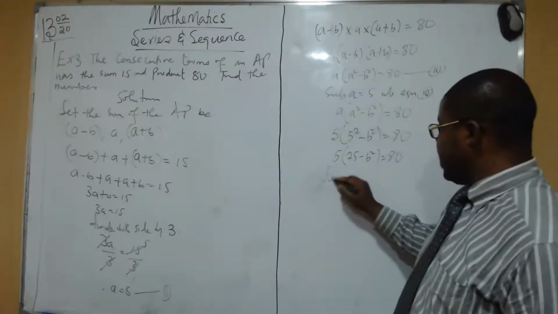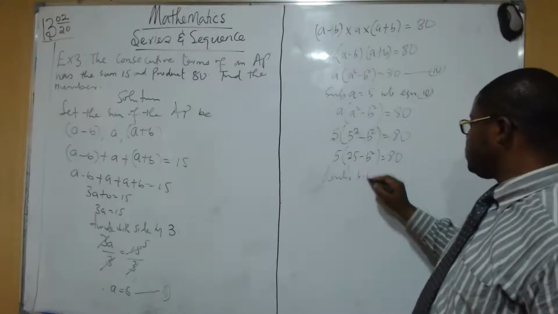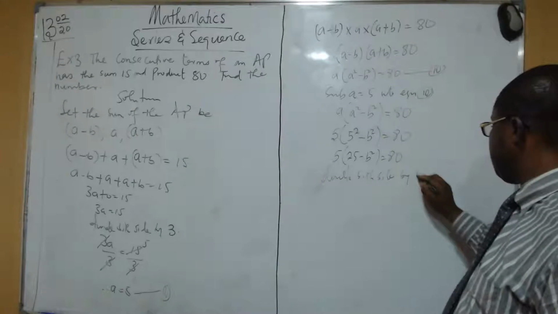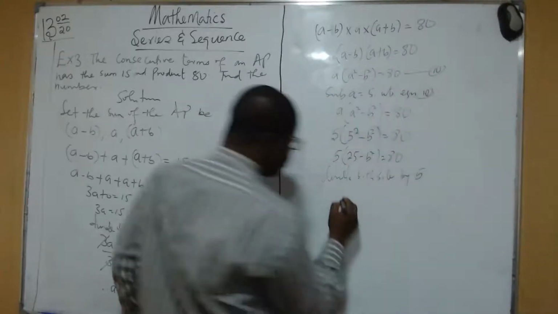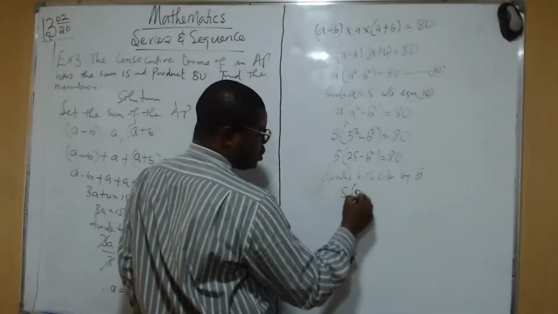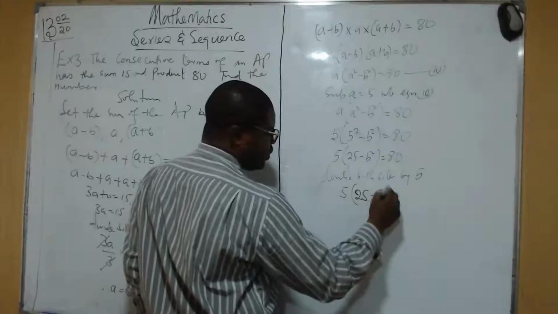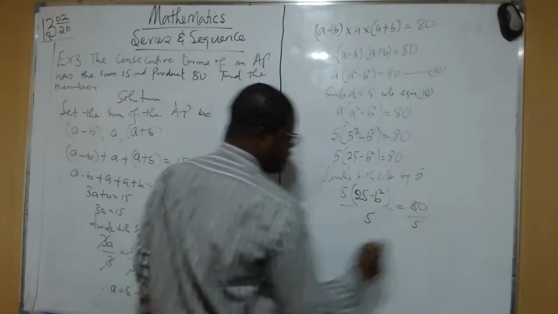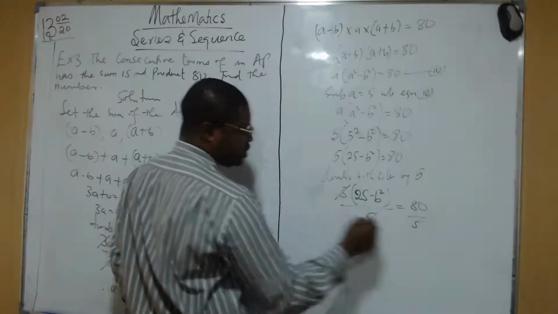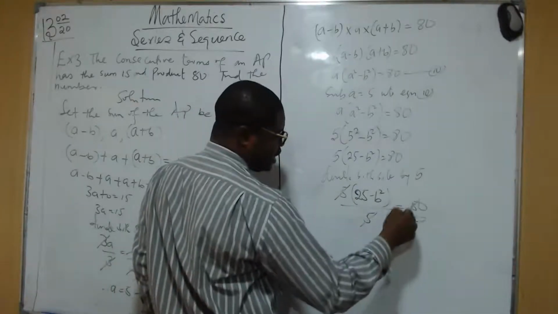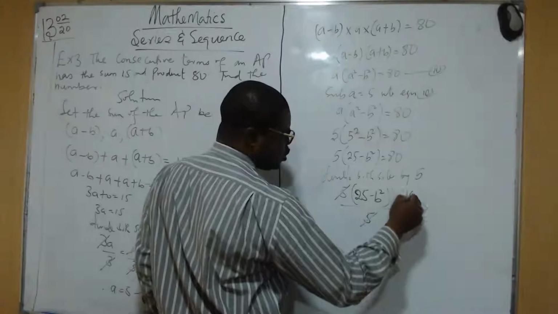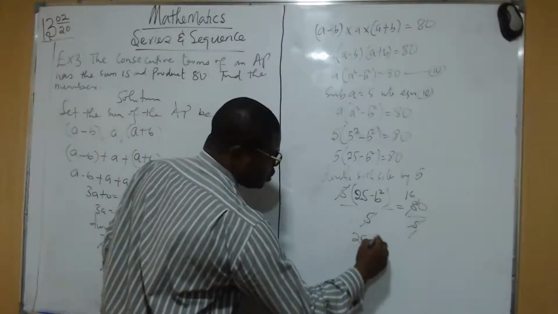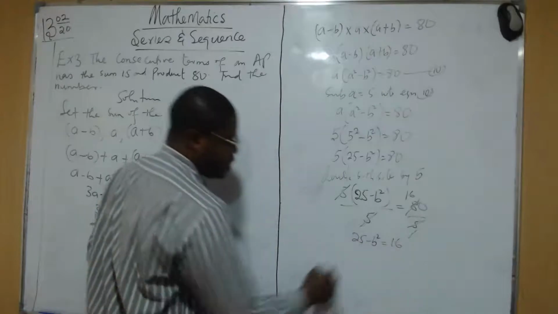Then I say divide both sides by 5. We have 5 into bracket 25 minus b squared divided by 5 equals 80 divided by 5. This 5 takes care of this. 5 in 8 is 1 remainder 3, we have 16. So 25 minus b squared equals 16.